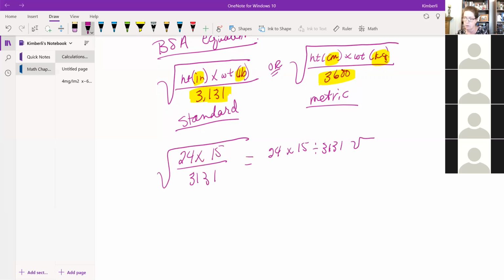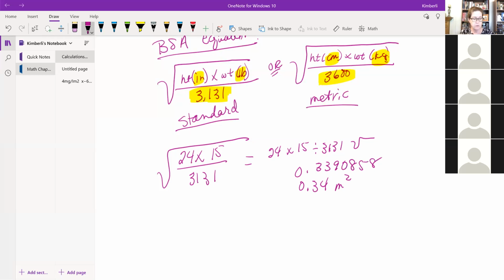So that's exactly how I'm going to calculate this. 24 times 15 equals, divided by 3131 equals, and then hit the square root button, and I get 0.3390858, which is going to be 0.34 meters squared if I go to the hundredths place, right?